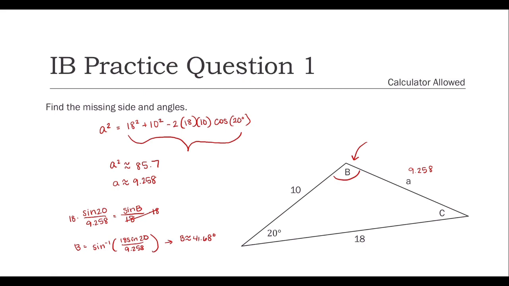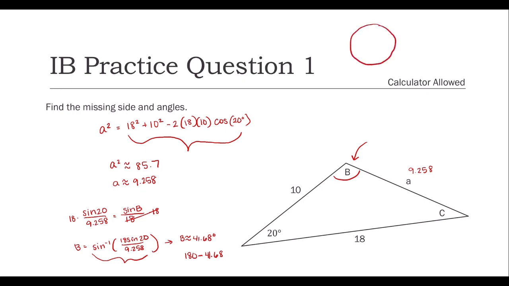We know this can't be the case, however, because our angle B needs to be our largest angle. So we need to find the other B value where this would be true, and that's going to be where B is 180 minus this 41.68. Because those are the 2 points where our sine is going to be the same.